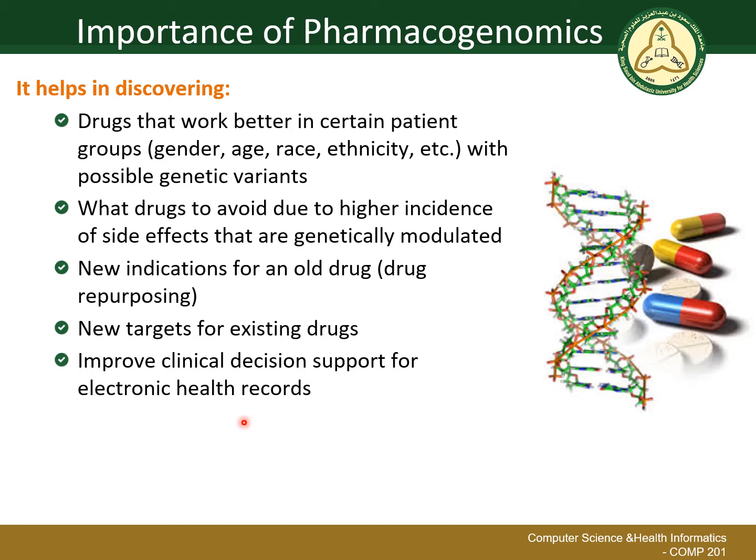And by using a genetic profile and adding this information to the electronic health records, the doctor will have clinical decision support that will help in choosing the right dose of the medication based on the genetic profile of the patient. And this will allow careful monitoring and treatment.